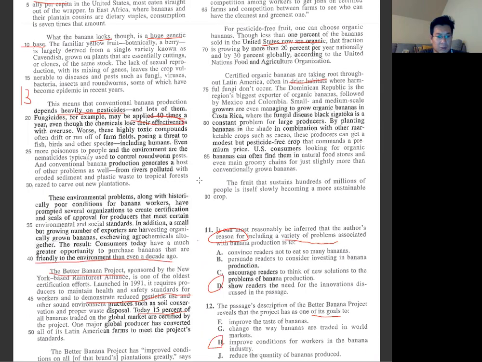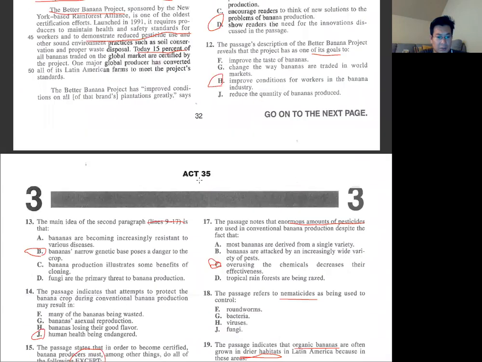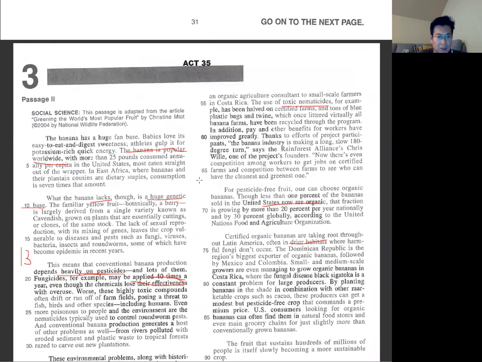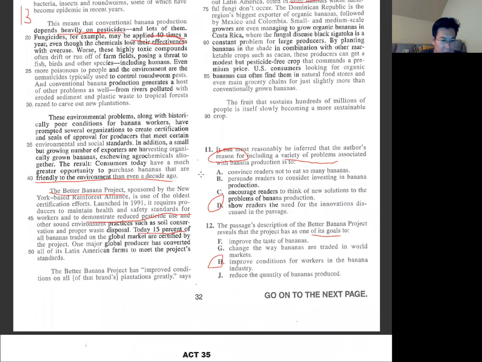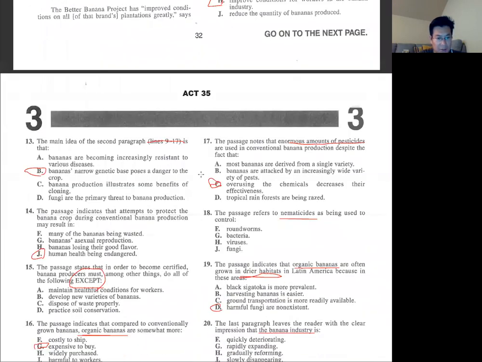So first of all, it is toxic. Use of toxic nematicides, for example, have been halved in this one. And also, we didn't really talk much about this one.